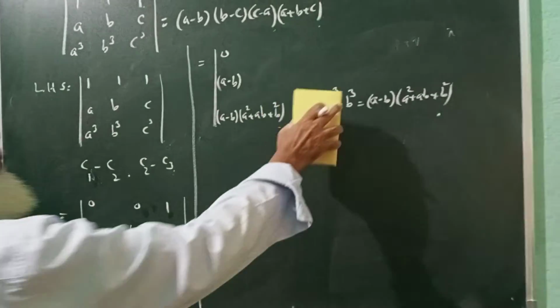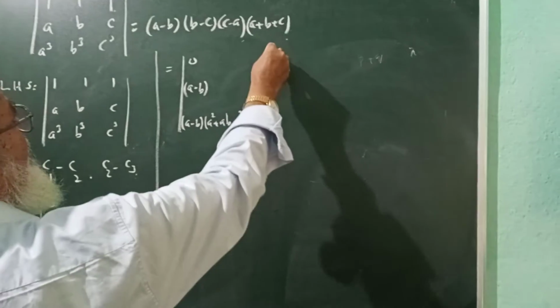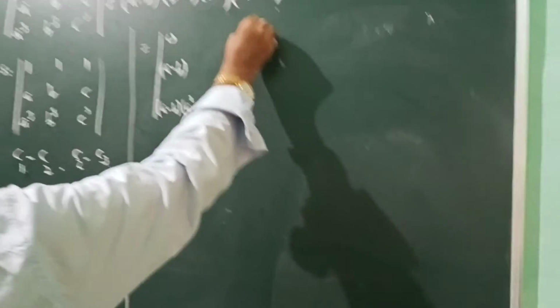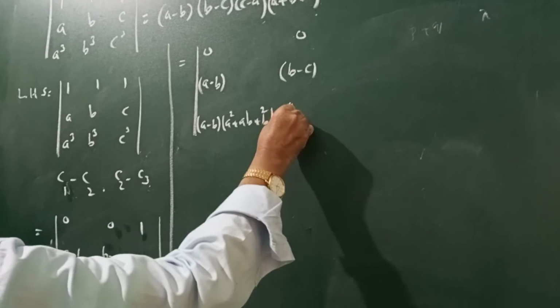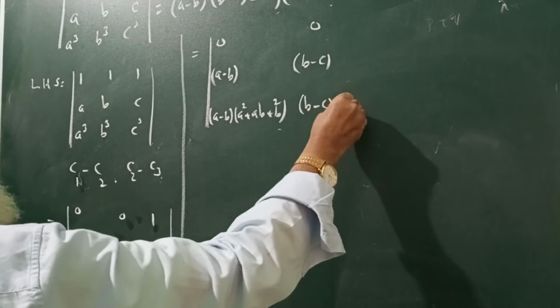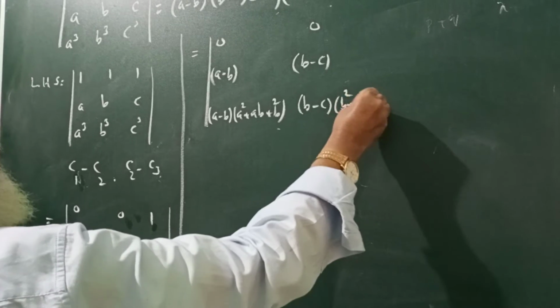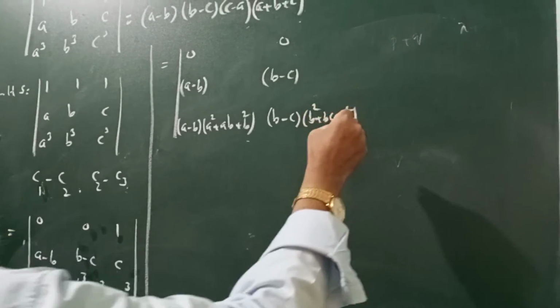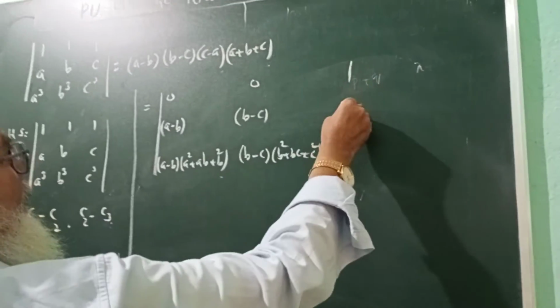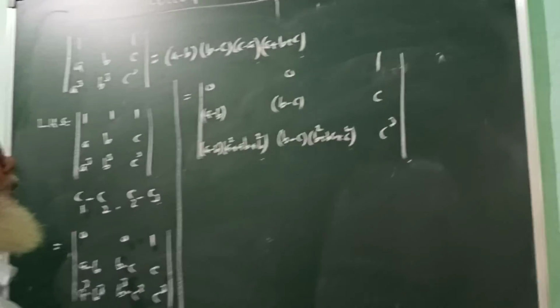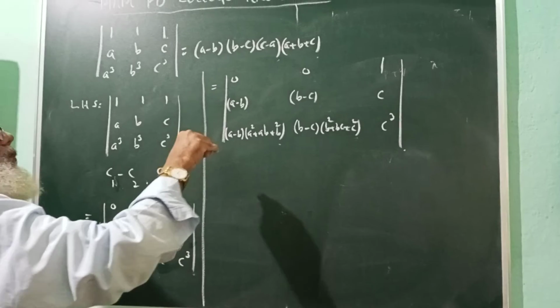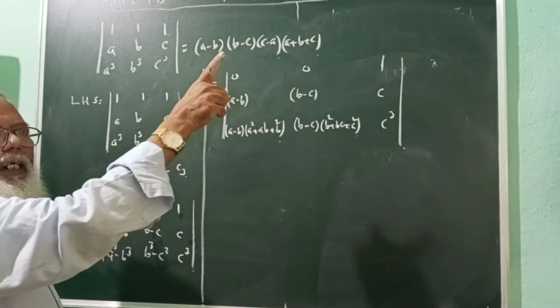Second column, it is 0, B minus C, B minus C, B square plus BC plus C square. It is 1, C, it is C cube. Now you see here, out of 0 you can take anything common.